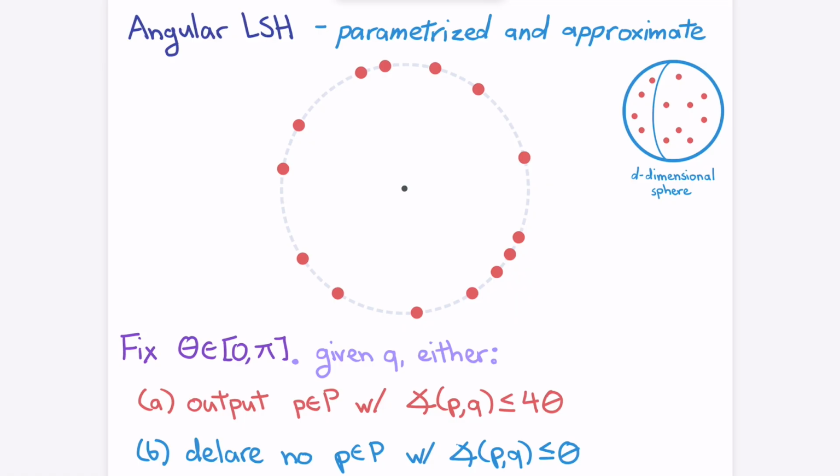My goal, with some double-sided error, given a query, is to output something within a constant factor of theta, or declare there's no point less than or equal to theta. If there's stuff in between, either answer is okay. But it's really saying if there's a point that's within angle theta, you should output something, say within a constant factor of theta. We need a little approximation.